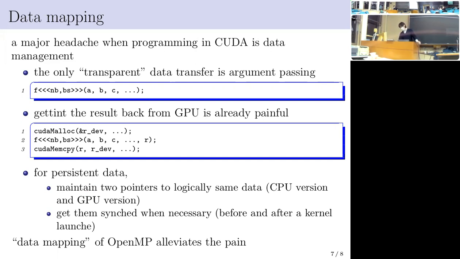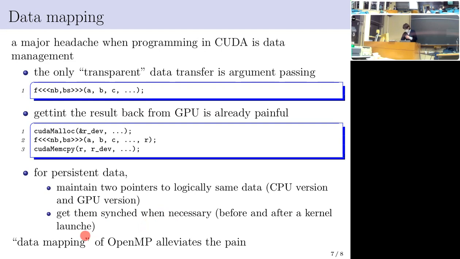So you maintain two pointers to logically the same data: CPU version, GPU version, just like this RDEV and R. R pointing to a CPU version, RDEV pointing to a GPU version. And from time to time, you need to get them synchronized when necessary, typically right before you launch your kernel and right after you launch your kernel.